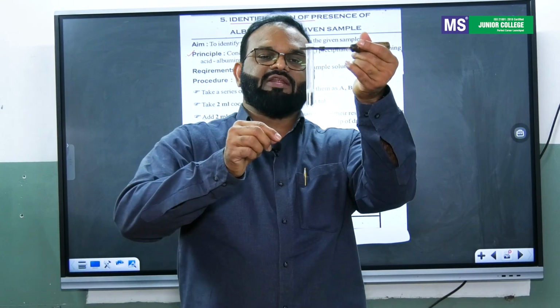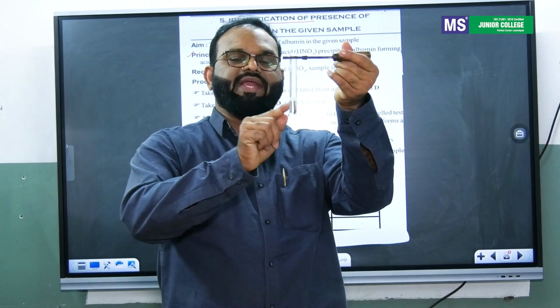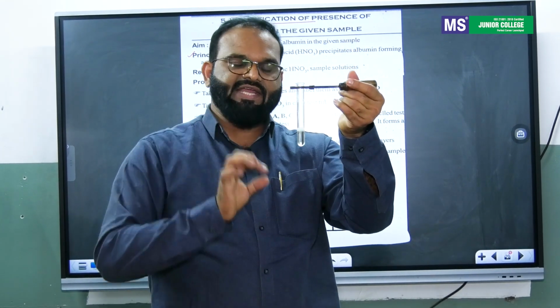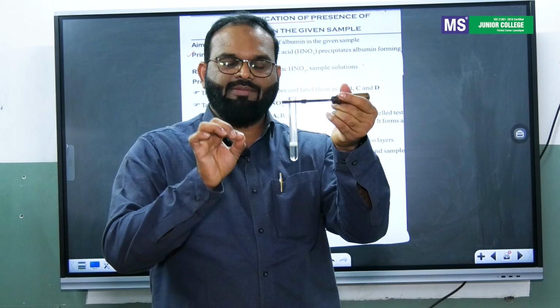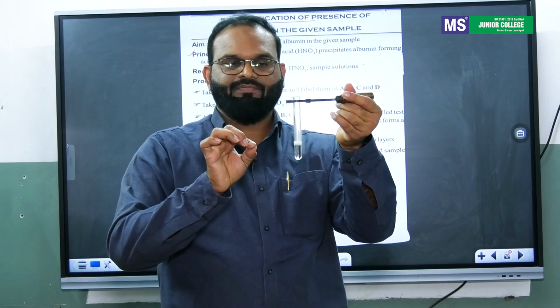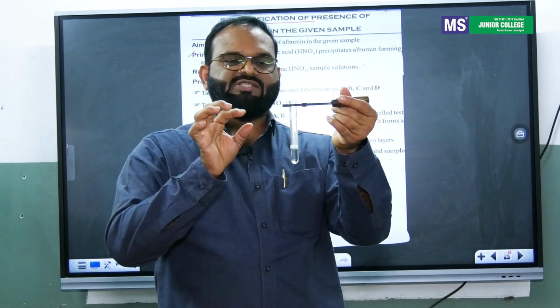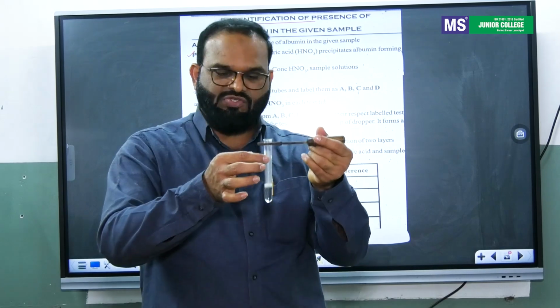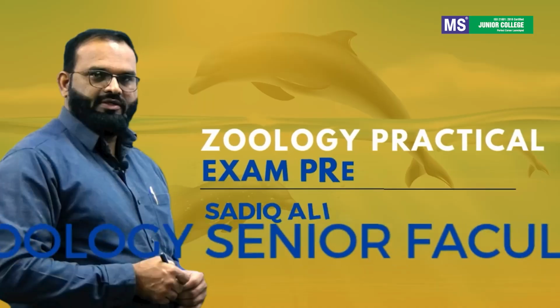If you observe the formation of a white ring, this indicates the presence of albumin in the given sample. So this is a very easy experiment, students. Hope you understood. Thank you.